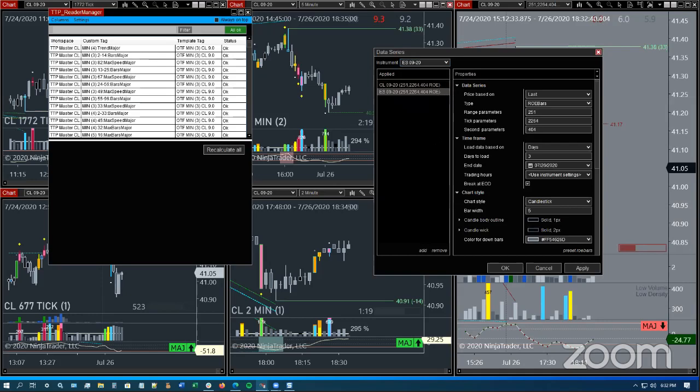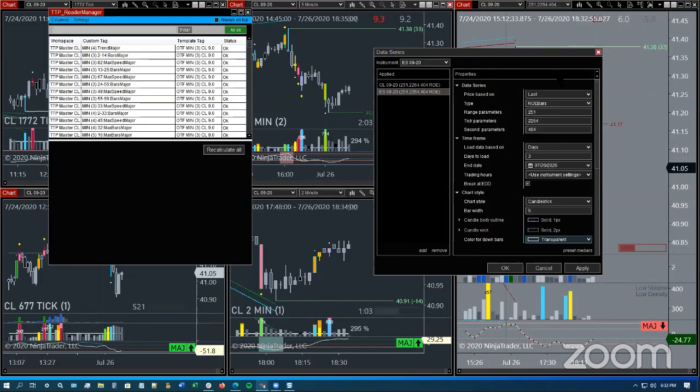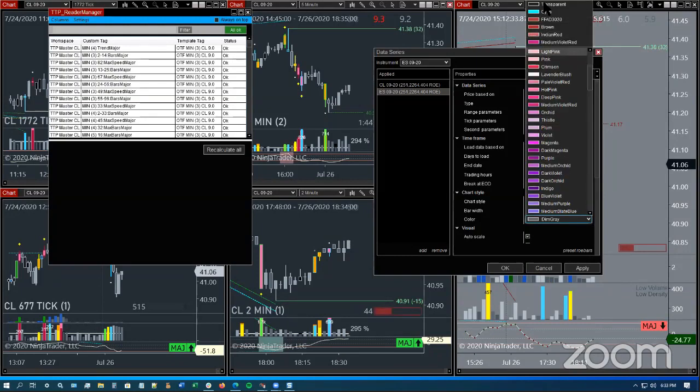I'll add it as a second instrument, and rather than loading any kind of a preset, I'll just make everything transparent. In fact, instead of a candlestick, I'll just use a line on close and then set that to transparent.